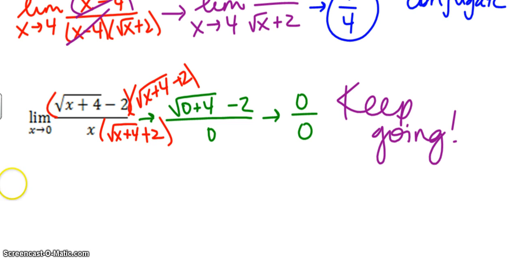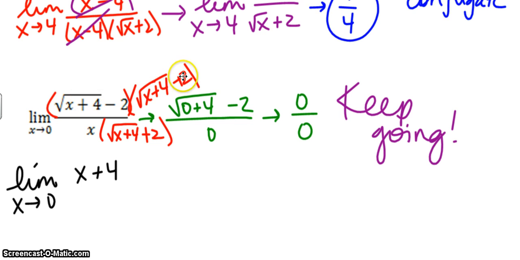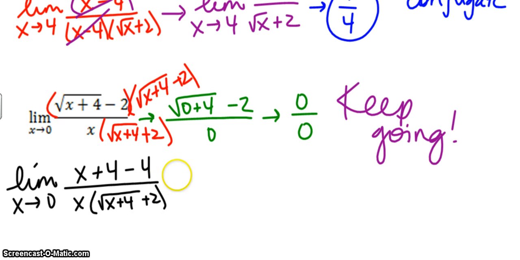When you go ahead and FOIL that, we get the limit as x approaches 0. These ones, the square roots are going to drop, and you get x plus 4. Plus 2 of those, minus 2 of those goes away. Negative 2 times 2 is negative 4. Over, I'm going to leave this part undistributed. So in the numerator, those drop out.